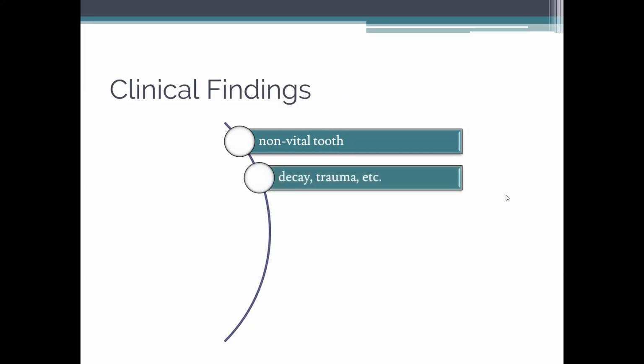Why do we have a dead tooth? Decay, trauma. Remember, decay could be rampant decay. And again, that person with all those ugly teeth that you saw in rampant decay, those teeth, believe it or not, didn't bother them. But you'll get lucky or unlucky. You'll get scenarios where the decay is bothersome.